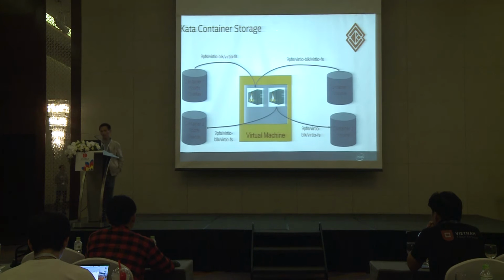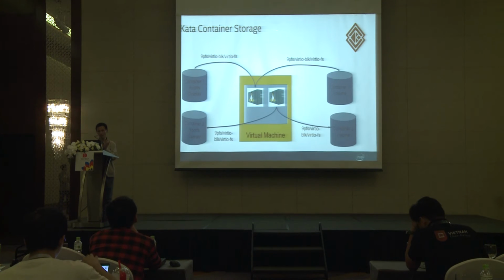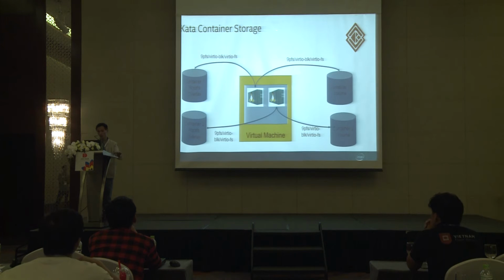So the storage of Kata container. We know how we launch a container from the container image, right? In the traditional container, the container image or storage will be in the host system, and we mount the container image into the container namespace, right?